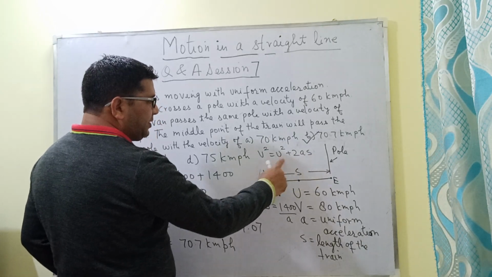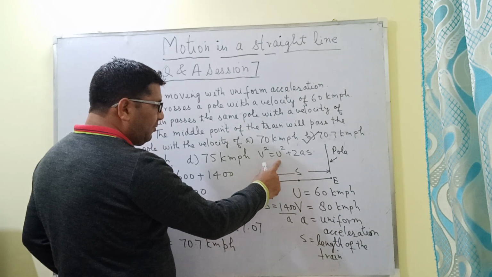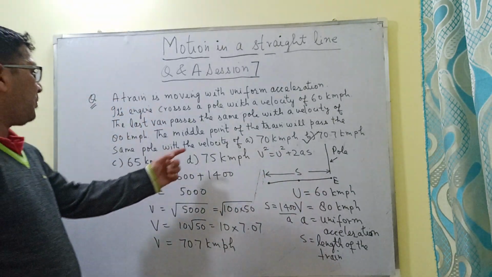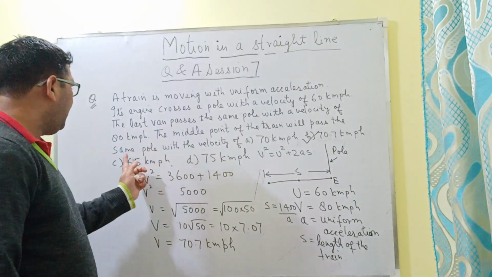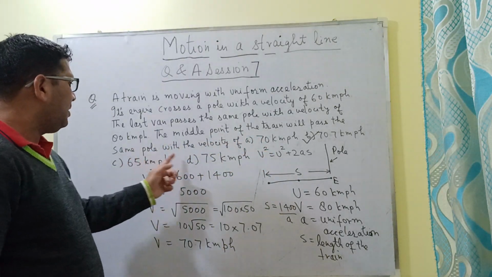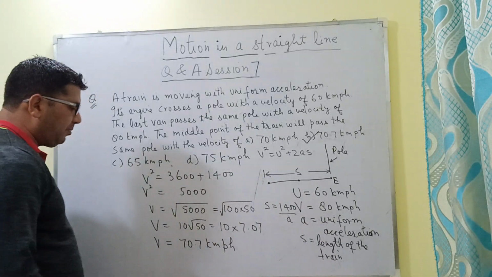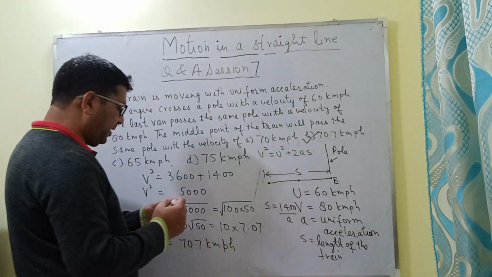A is a uniform acceleration, U is 60 km/h. So I was able to find the velocity of the middle point of the train when it passes the same pole. So the answer is 70.7 km/h, and the correct option is B.